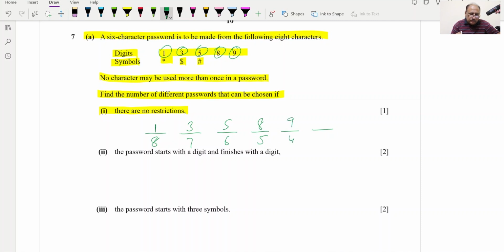Now we can choose from the symbols. If we take the static one, this will be 3 options.